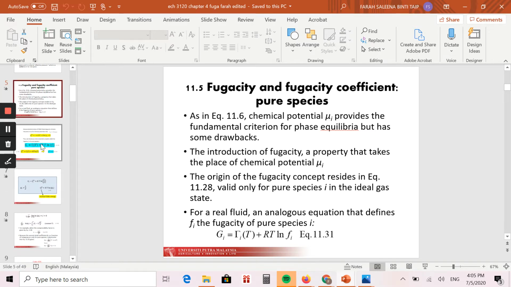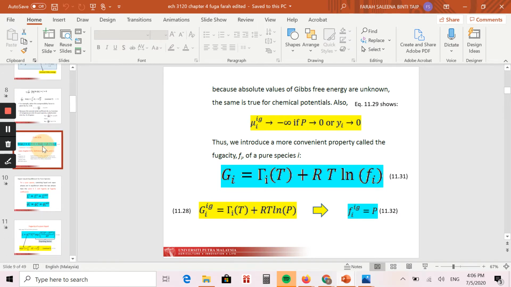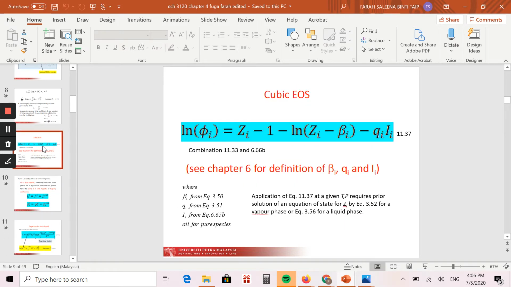So we came across the definition of fugacity for pure species, and then we looked at it for mixtures, basically more or less the same as in the previous item. So we look at the fugacity in mixture and solution.